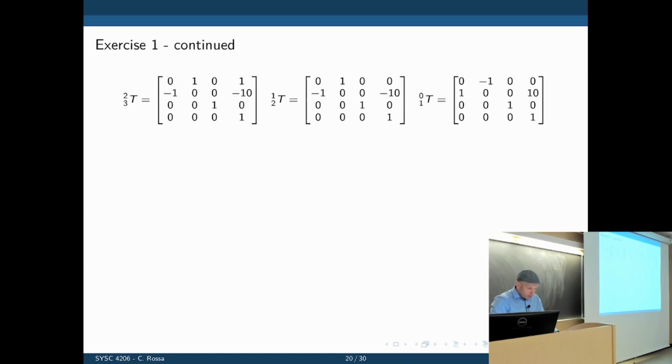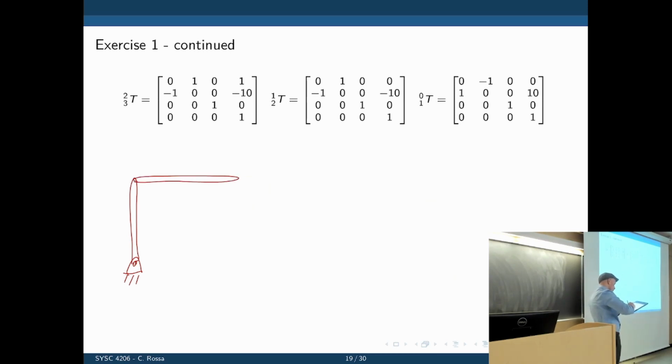Okay, so now let's do the final transformation here. If we do all three joints, how would the robot look? We are doing theta 1 = 90, theta 2 = -90, theta 3 = -90. So how does the robot look with all those rotations? The first one would be up. Then the second one, instead of going up, is going -90, so it goes like this. And then the third one is also going downwards.